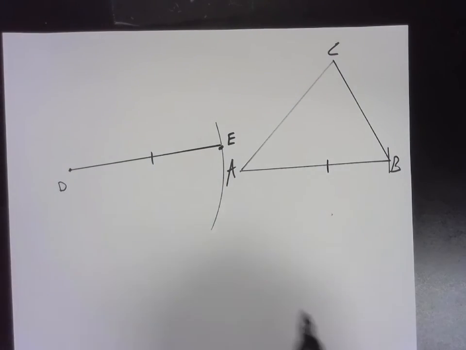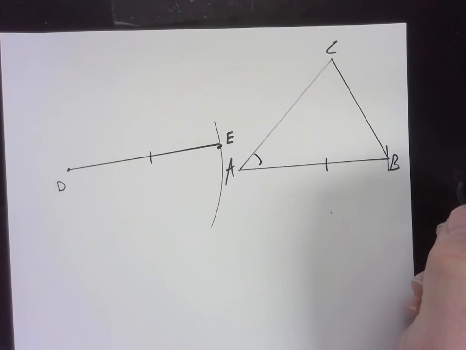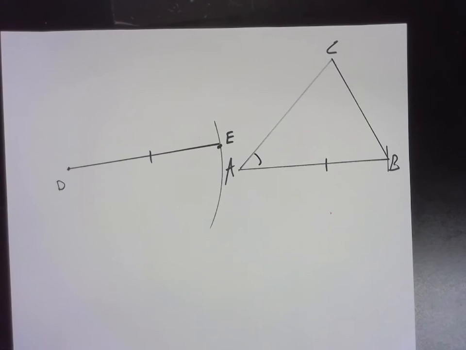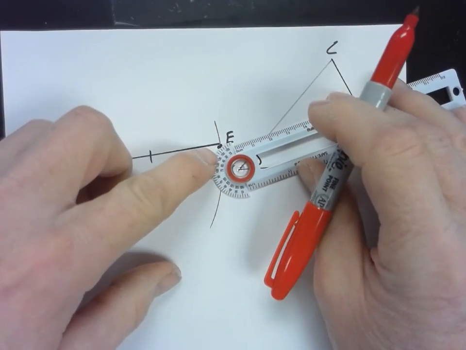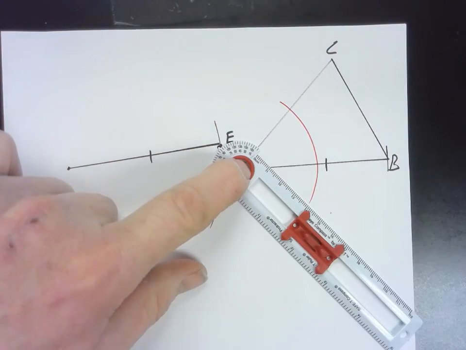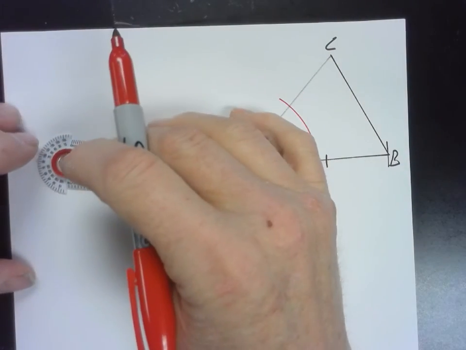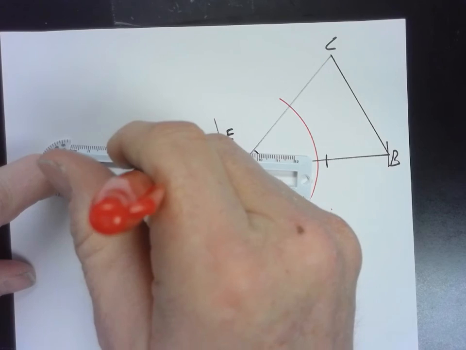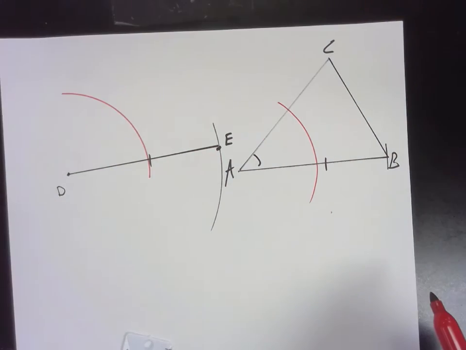And then I want to copy this angle right here. Now, what do you guys think about copying in? Do you guys remember how to copy an angle? I guess this is actually going to be construction. Here, I'll do this in red so you can see what's going on. I just make an arc anywhere. And then I come over here to point D, and I make that same arc. You with me so far?